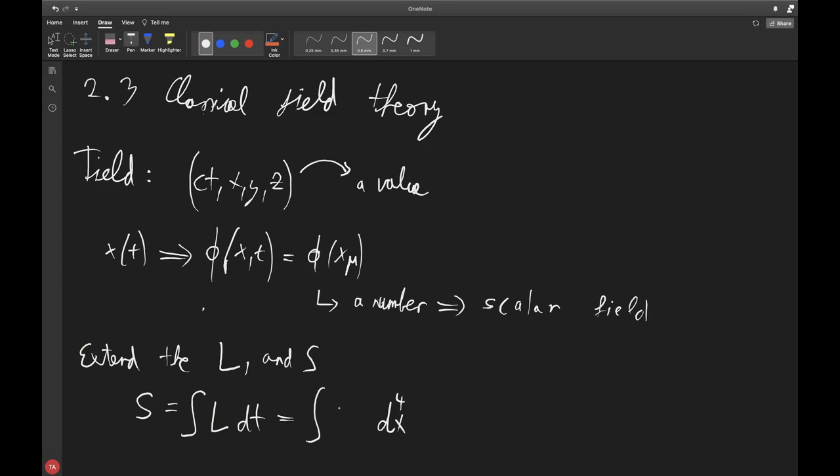So we want to achieve the same thing, but that means we have to change the function in between.